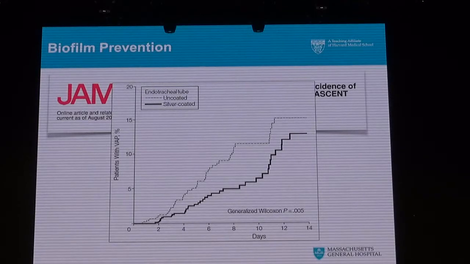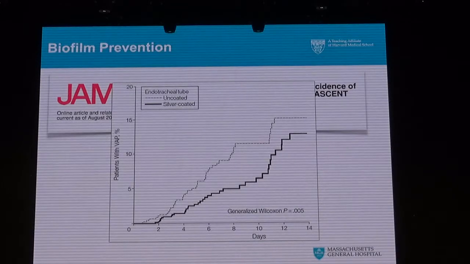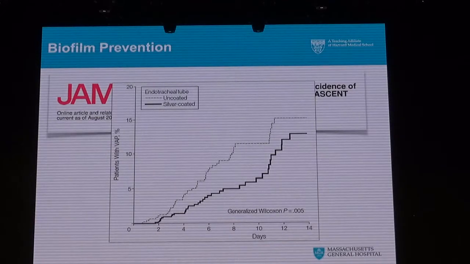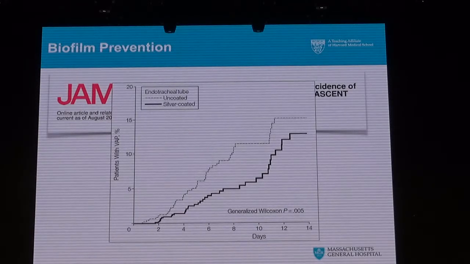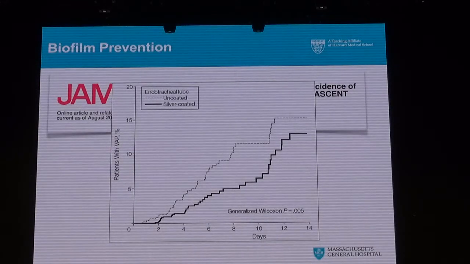But differently from central venous catheters, where there is blood flow and an immune response, with white cells and antibiotics circulating, in the internal lumen of the endotracheal tube there is no immune defense and no antibacterial defense, no antibiotics.